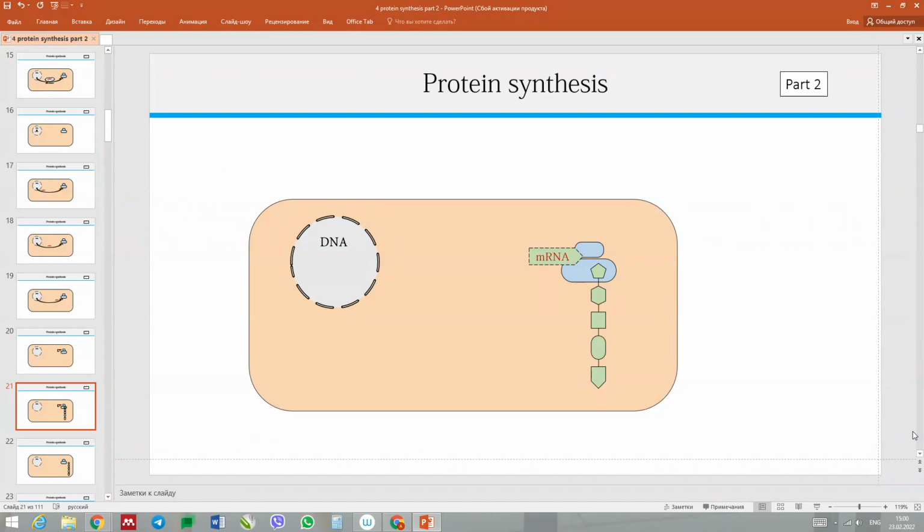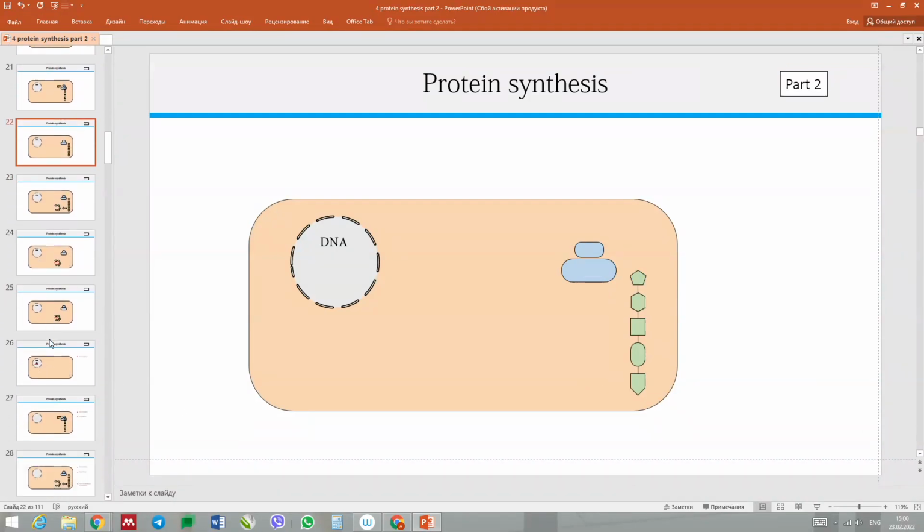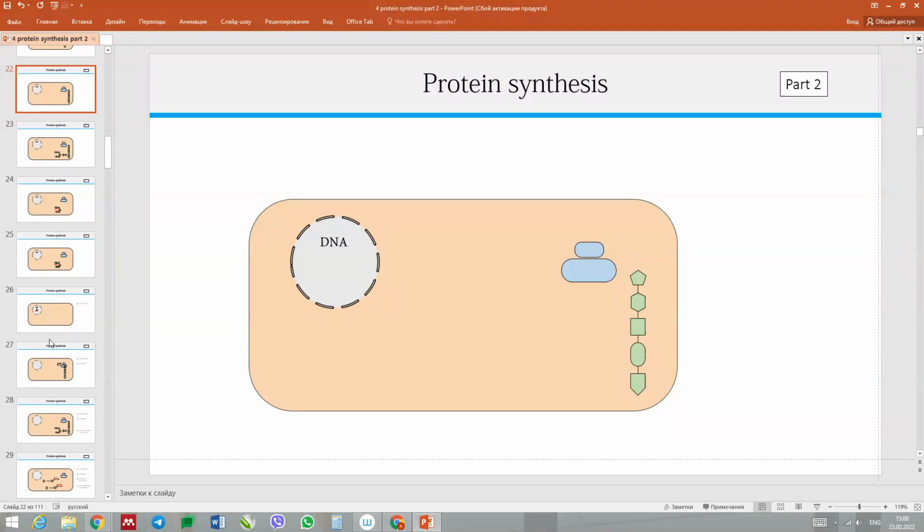And when the primary structure of the protein, composed of a chain of amino acids, is completed, this chain of amino acids will be disconnected from the ribosome. And then another very important event will happen, because usually the primary structure of a protein is not an active protein yet.